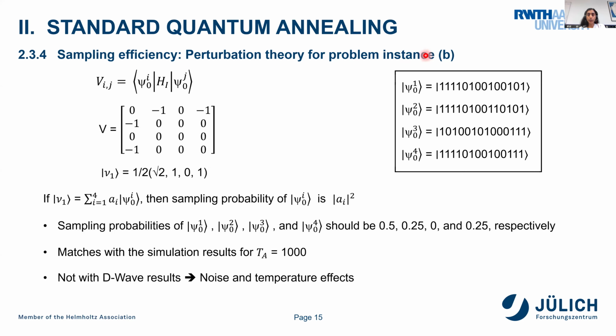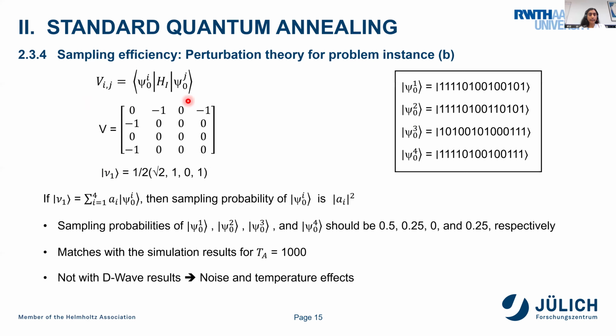And for this problem, we know that the 4 ground states are just given by these vectors here. And now if we regard ourselves to be in the limit of S close to 1, we can regard the annealing Hamiltonian as basically the problem Hamiltonian with the initial Hamiltonian added to it as a small perturbation. So if we limit ourselves to the subspace of these 4 bases, the ground subspace, then we can write this perturbation matrix here, which for this case turns out to be this matrix.